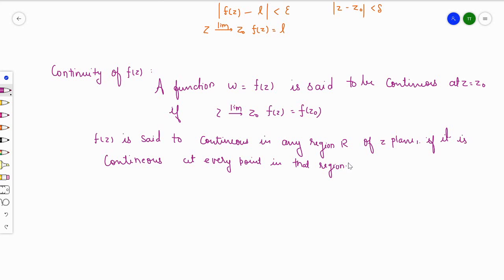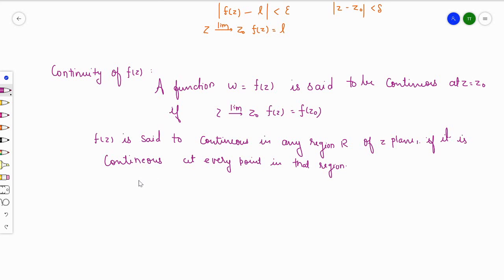Okay, so what is continuity? A function f of z is said to be continuous at z equal to z0 if limit z tends to z0 of f of z equals f of z0. F of z is said to be continuous in any region R of the z plane if it is continuous at every point in that region.